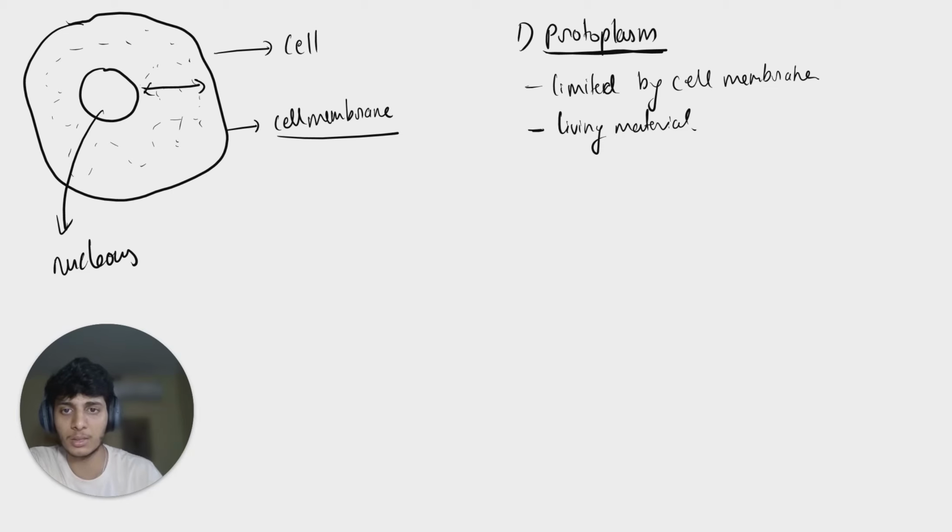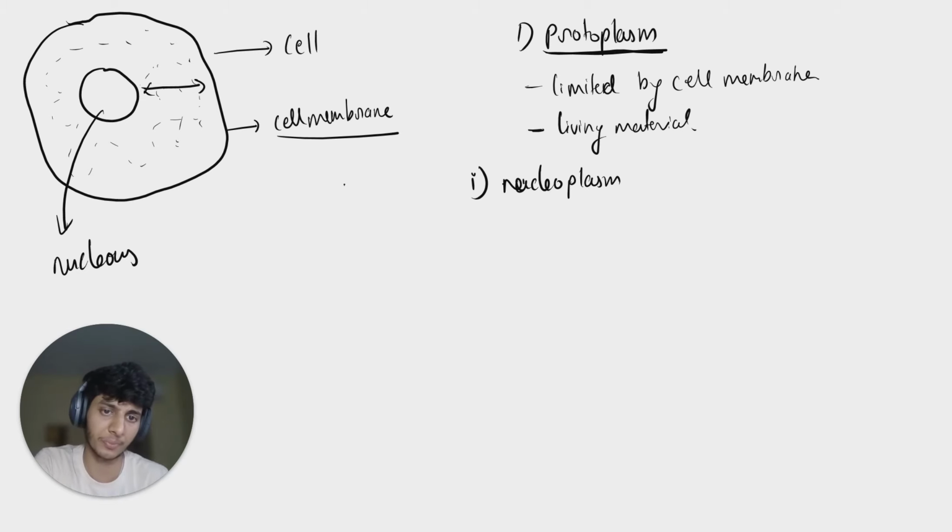If this is protoplasm, we divide it into two subnames. One is nucleoplasm, and the second is cytoplasm.